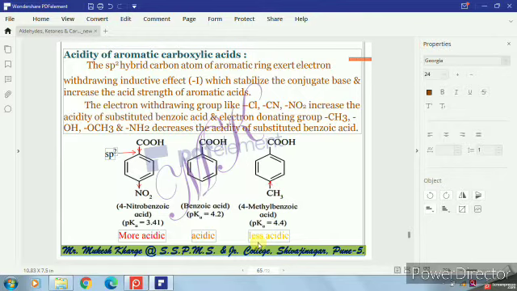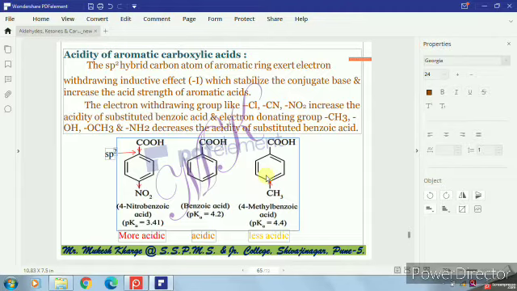So if we attach an electron donating group such as methyl, OH, OCH3, NH2, it increases the electron density of the benzene ring, and that decreases the acidic nature of benzoic acid.